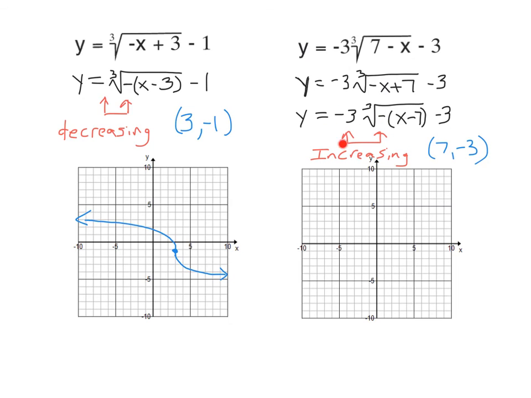Since they're both negative, they match, which means it's increasing, and we've got the opposite of negative 7, so 7 and negative 3. So to graph that, we're going to plot the point (7, -3), which is right here. And then it's going to be increasing to the right. So up and to the right here, half of a parabola, and then down and to the left here.